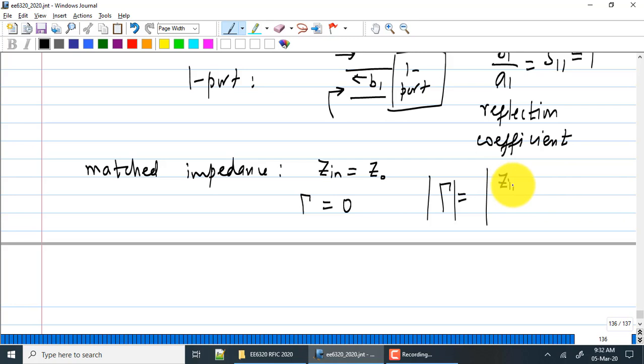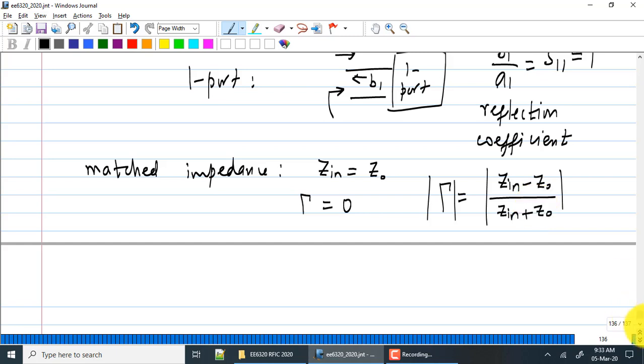You can show that the reflection coefficient is equal to Zin minus Z0 by Zin plus Z0. And you want to make this as small as possible. Why did I bring in the one port suddenly? Because if you have a two port, let us go back to the two port. For a one port system, the reflection coefficient definition is clear.